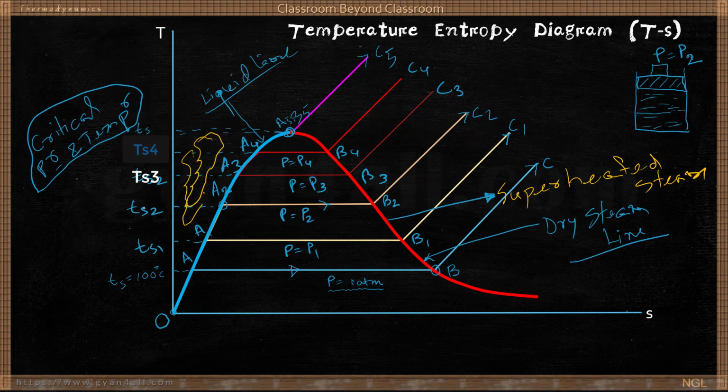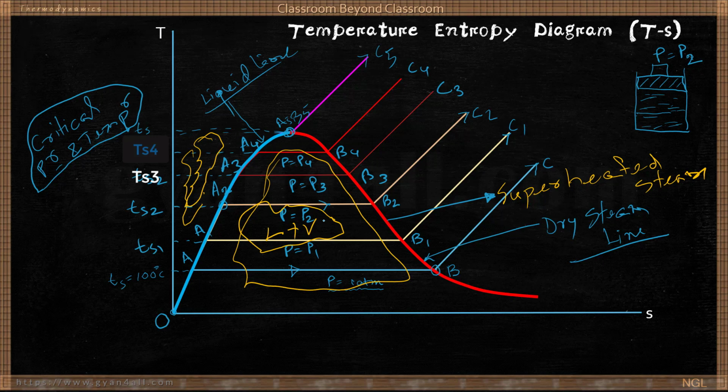Now the question is, what about the region between the liquid line and the dry steam line? This is the liquid plus vapor region. So we get something interesting. This curve represents the region in which the steam will be a mixture of water and vapor.